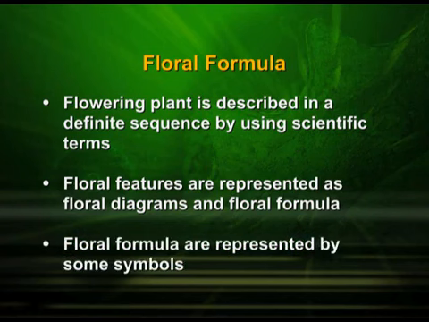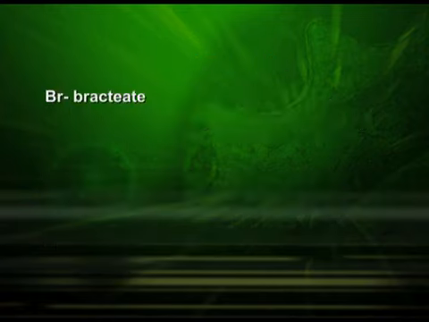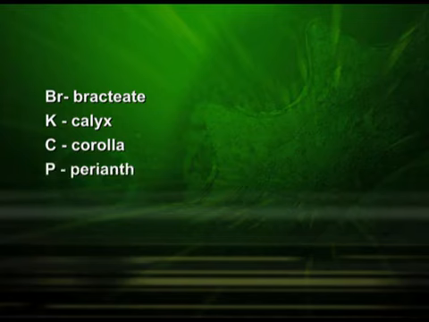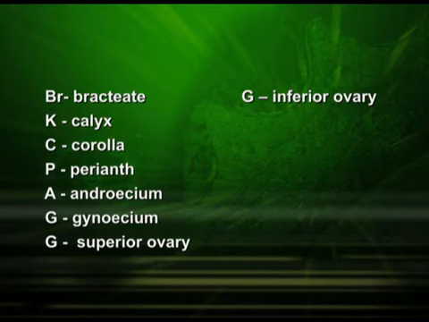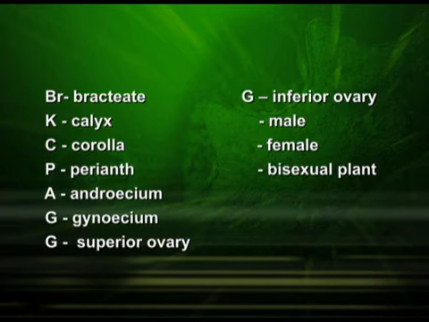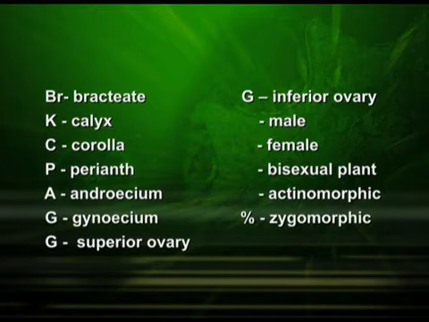The floral formula is represented by some symbols: bracteate, calyx, corolla, perianth, androecium, gynoecium, superior ovary, inferior ovary, male, female, bisexual plant, actinomorphic, zygomorphic.